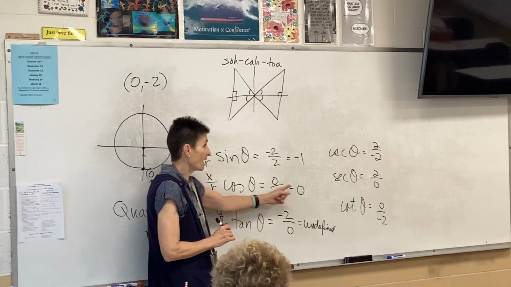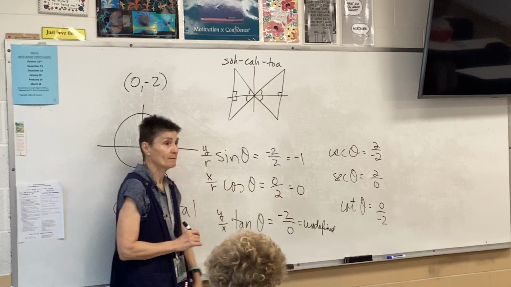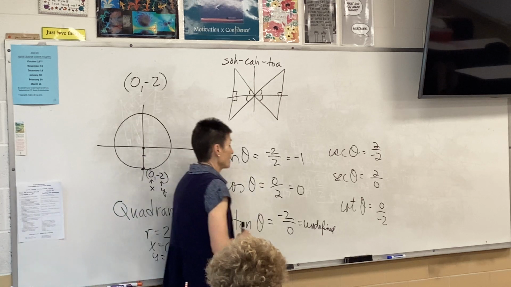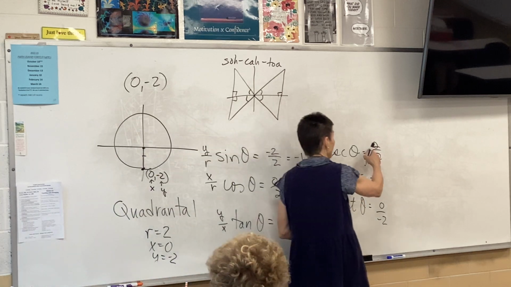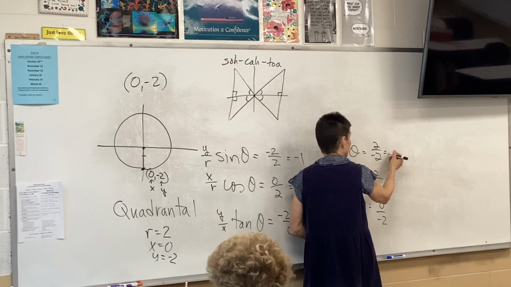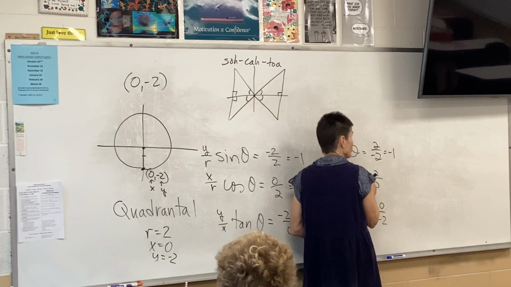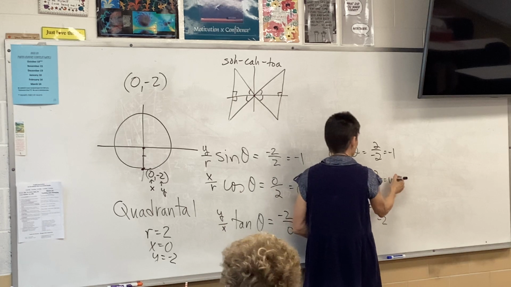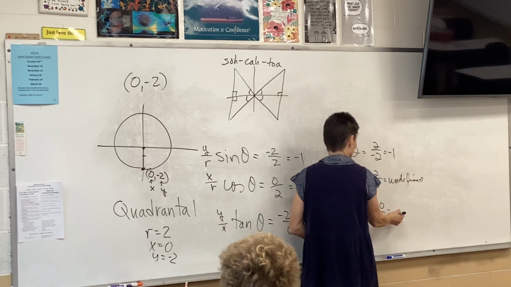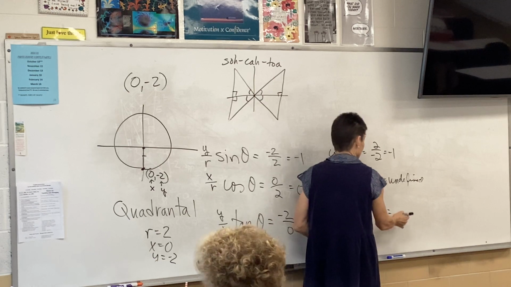So a 0 on top is 0, but a 0 on the bottom is always undefined. Okay, do the same thing over here. What's 2 over negative 2? What's 2 over 0? Undefined. And what's 0 over negative 2? There we go.